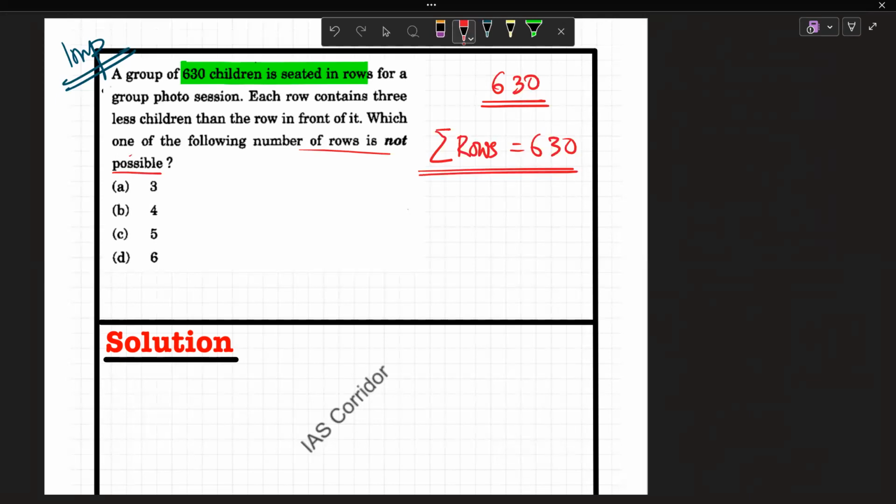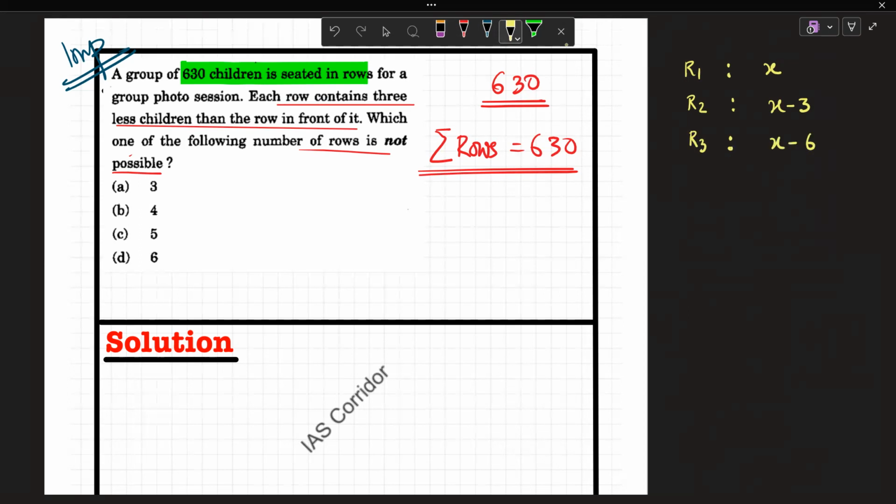Now each row contains 3 less children than the row in front of it. This is the important condition. Now can I say, if the first row, this is row 1, contains X number of students, row 2 will contain 3 less than that, that is X minus 3. Row 3 will contain how much?